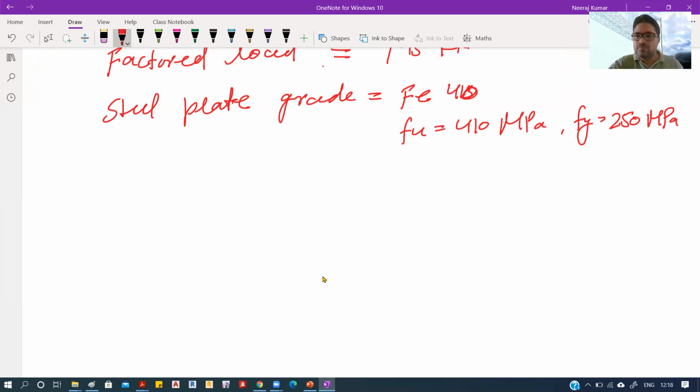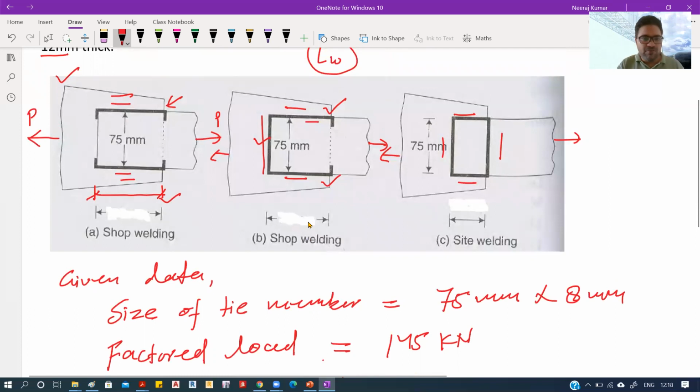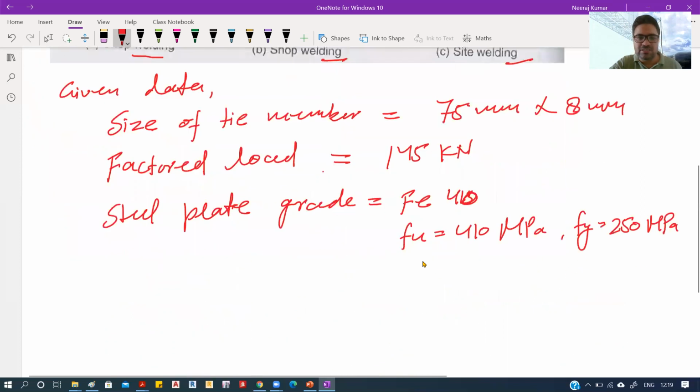Now you can see in the three cases, the first two cases are using shop welding, and the last case is using site welding. So why is it being mentioned? Because if site welding or shop welding is mentioned, then we need to choose the right partial safety factor, which is gamma MW in our welding connection design.